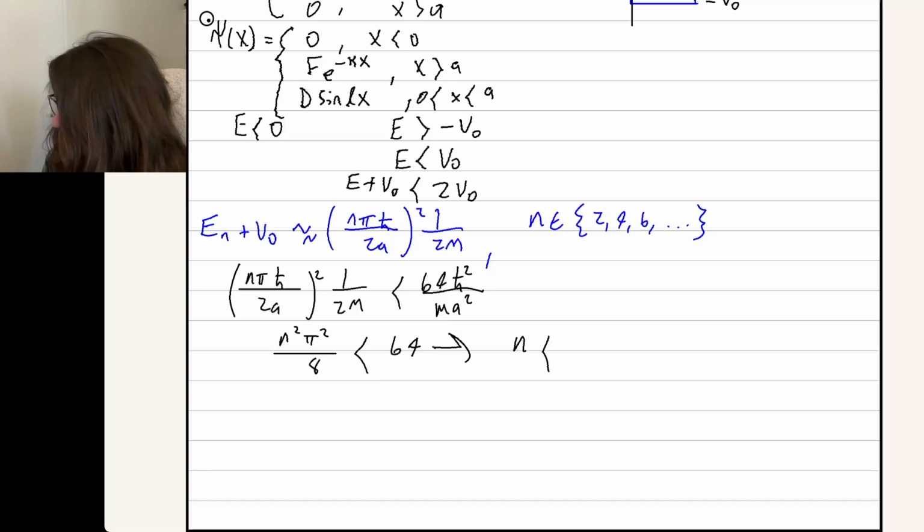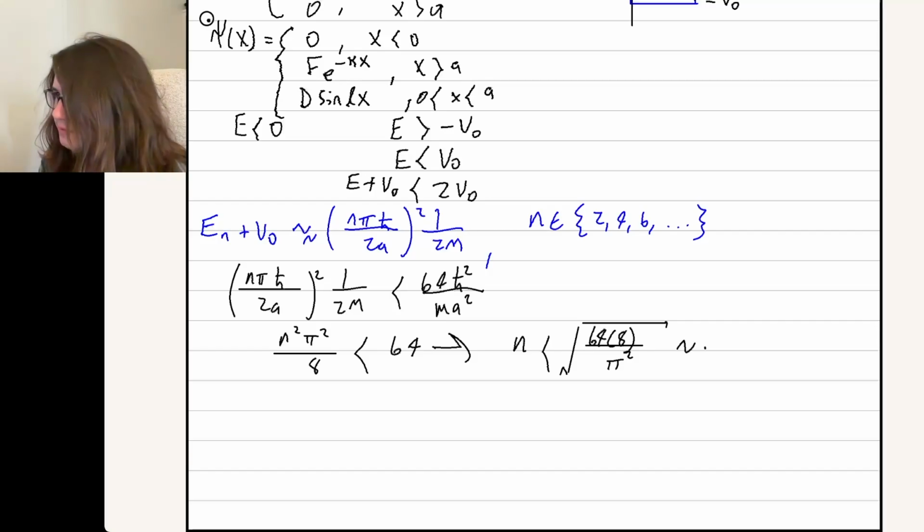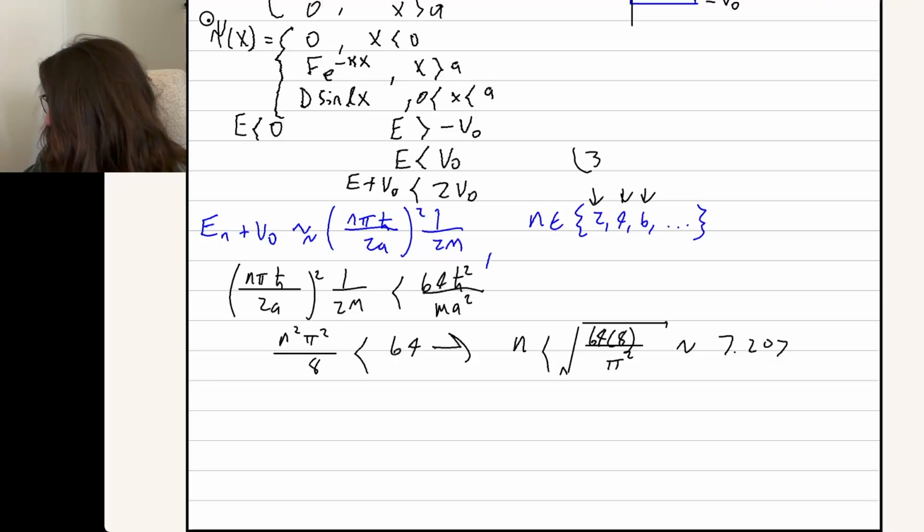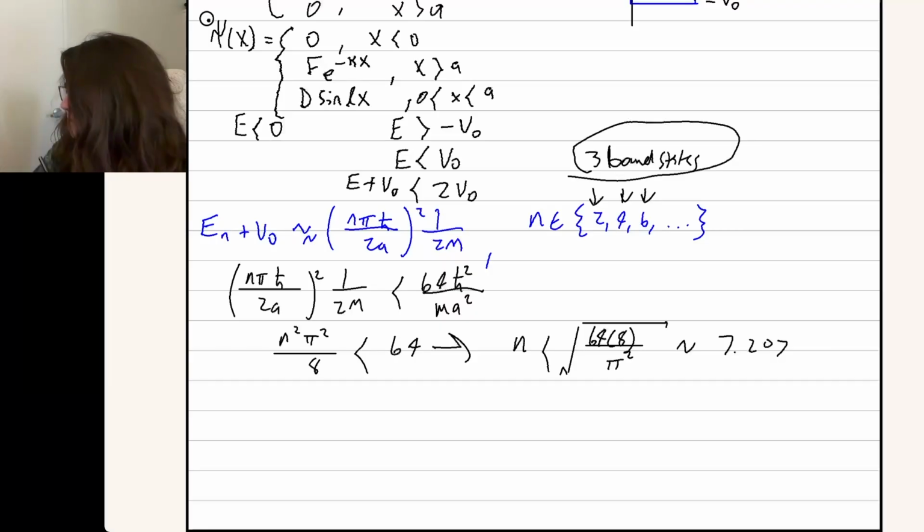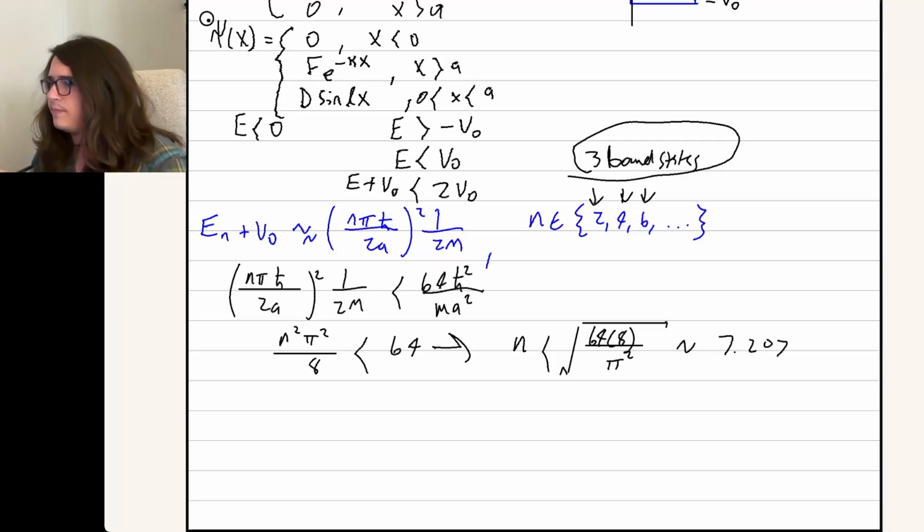So n is going to be less than the square root of 64 times 8 over pi squared. I found that was about 7.202 on my calculator, so n has to be less than 7 pretty much, which means 2, 4, and 6 are all less than 7, so we have 3 bound states corresponding to n equals 2, n equals 4, and n equals 6.